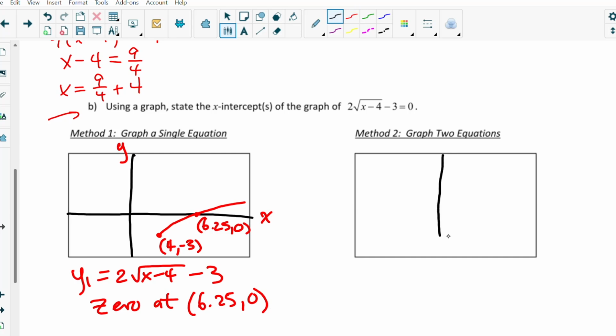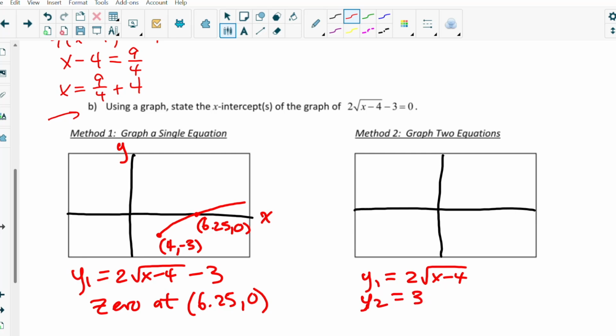All right, graphing 2 equations. So when I do the 2 equation graphing method, y1 equals 2 times the square root of x minus 4. y2 equals 3. And I'm going to graph each of these and then look for the intersection point. So this is y1.